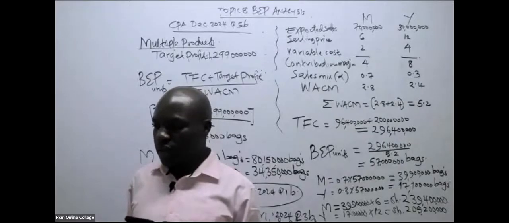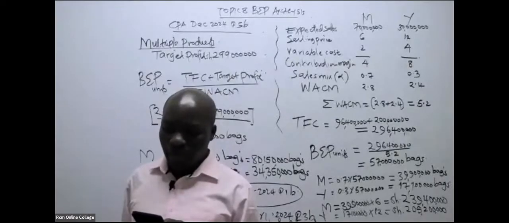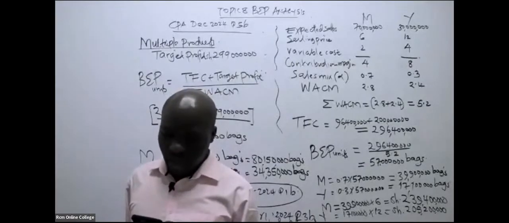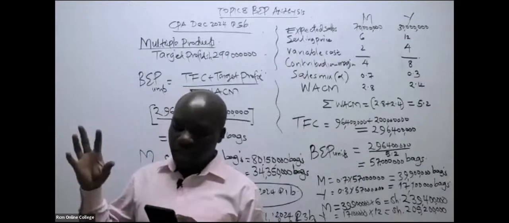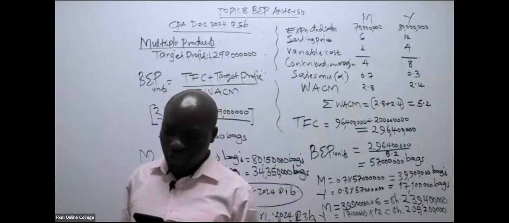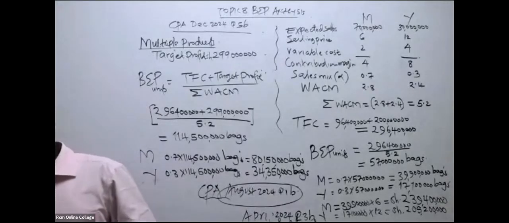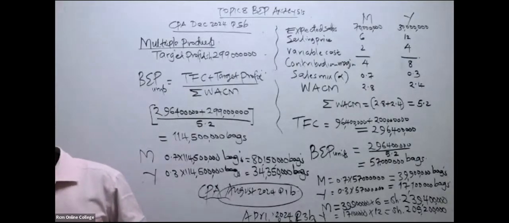Then you are instructed to look at note number 1. What is this note number 1 saying? The fixed overhead costs are 1450 million per annum. This 1450 million per annum, we must be having some expected sales per annum to be able to get this total amount. We must be having some expected sales somewhere, right?